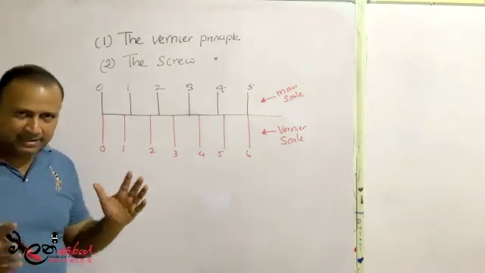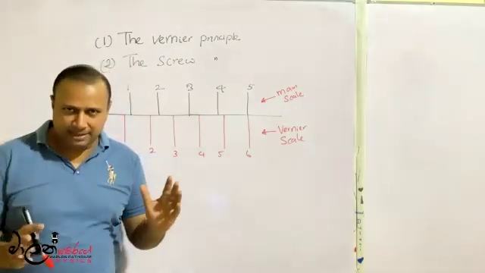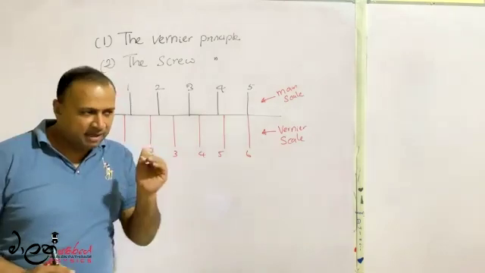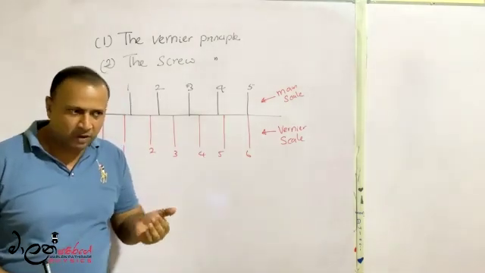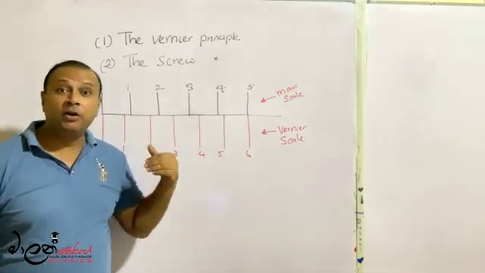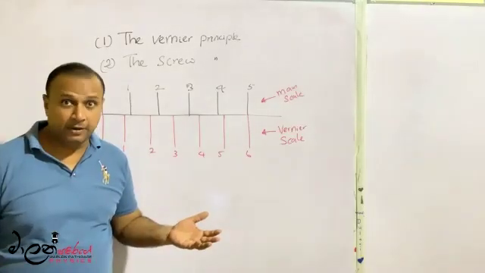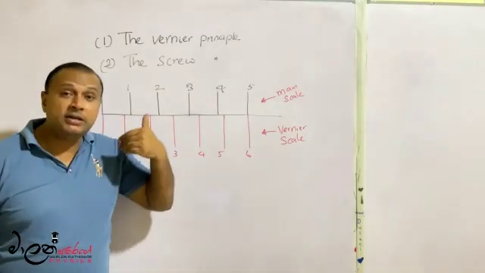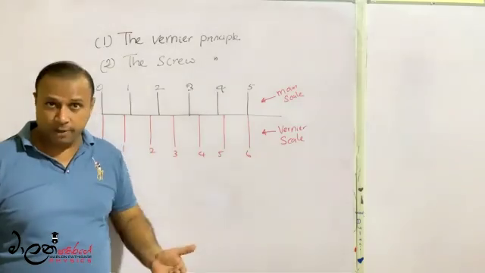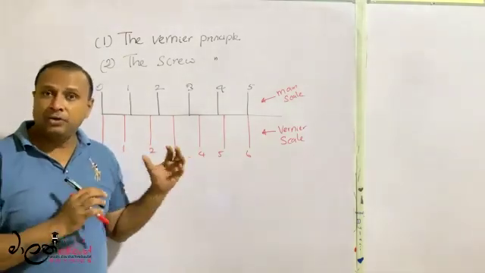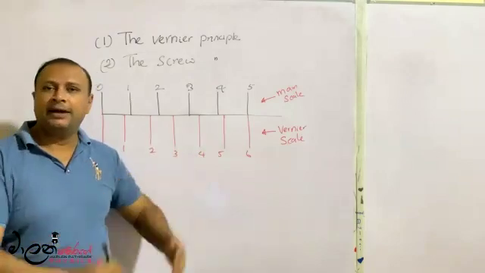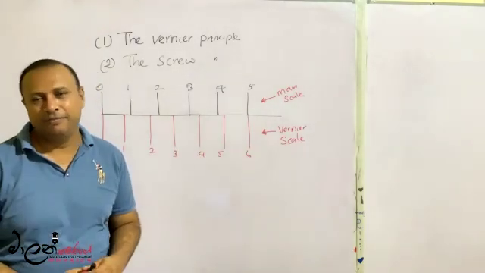My concern is reducing the least count. But I cannot reduce the least count because sometimes it may not be visible. Therefore, to mitigate that problem, we have used another very creative method.